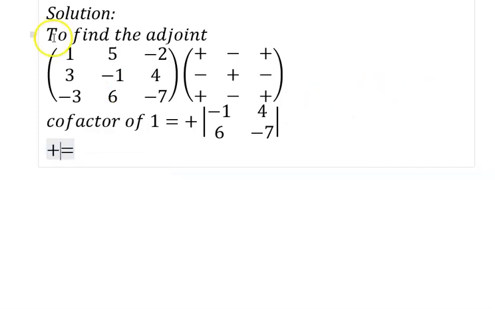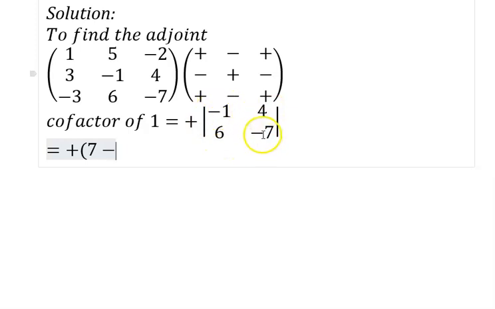So we are dealing with 1 first. Minus 1 times minus 7 will give us 7. If you remember, we'll say this times this minus this times this. So that's what we are doing.